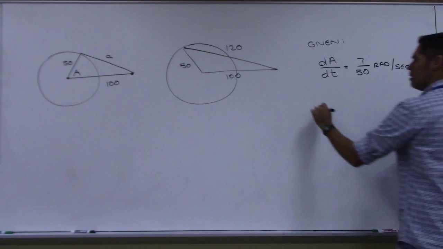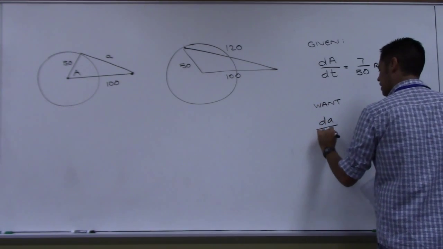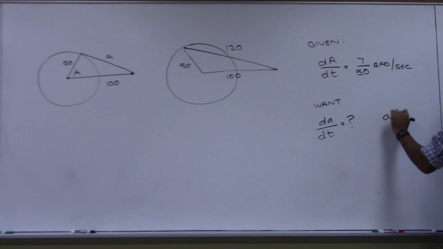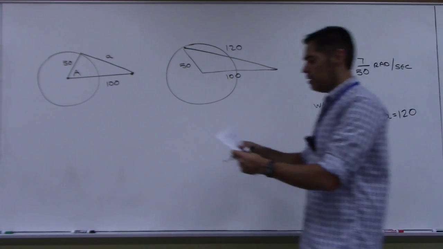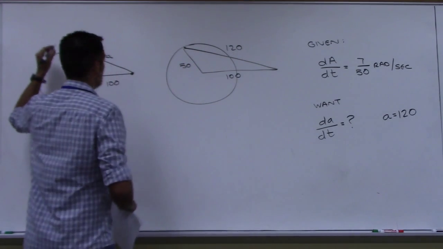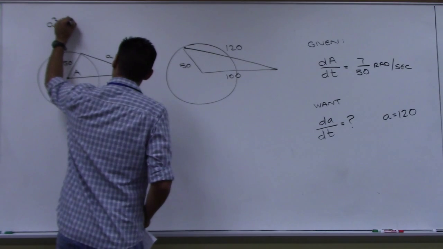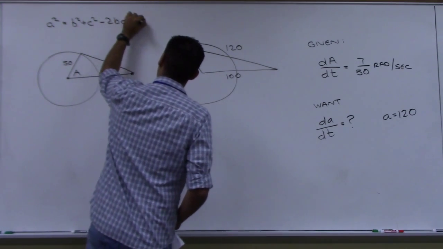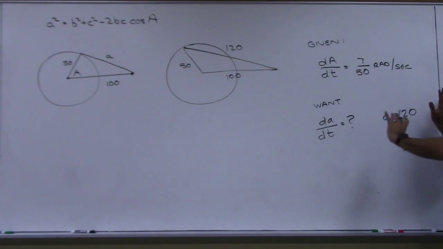We wanted d little a dt, at exactly the moment that little a was 120. I think that's everything we had before we left class. I also put the formula up here for the law of cosines: a squared equals b squared plus c squared minus 2bc cosine capital A. That's everything you had before you left, right?